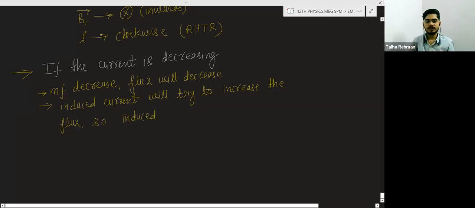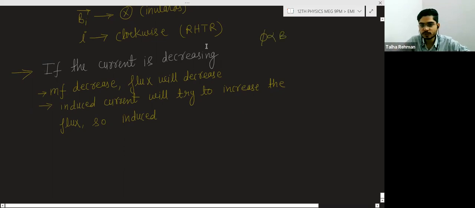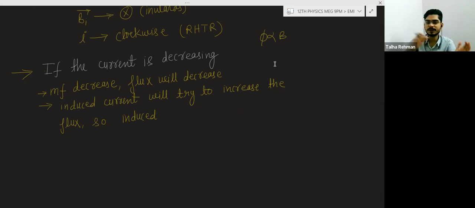This time, the induced current will try to increase the flux. How can the flux be increased? The flux is directly proportional to the magnetic field, so for increasing the flux you have to increase the magnetic field. So the induced magnetic field will be in the same direction as the given magnetic field, so the magnetic fields will add up and the magnetic field will increase.